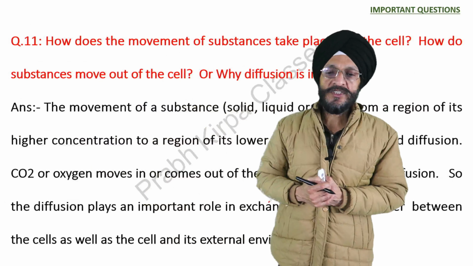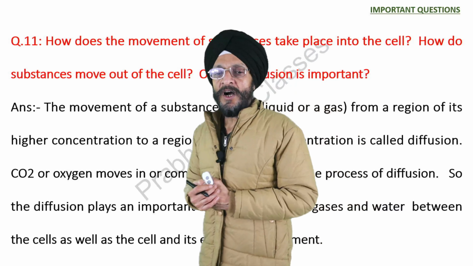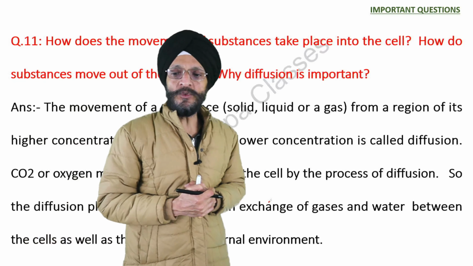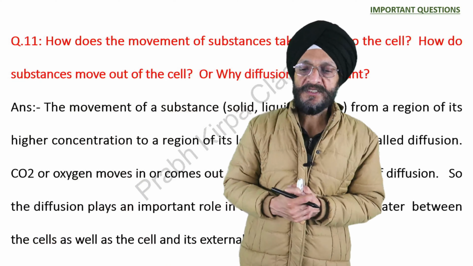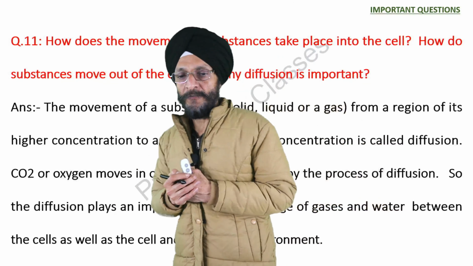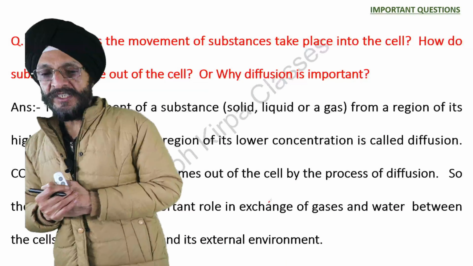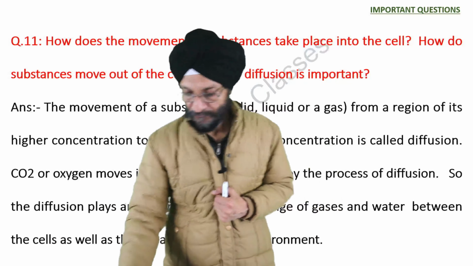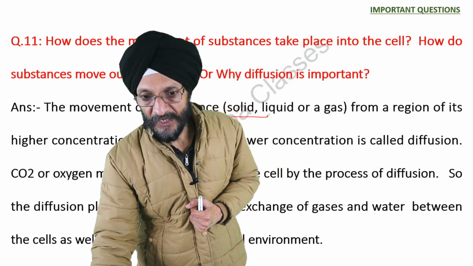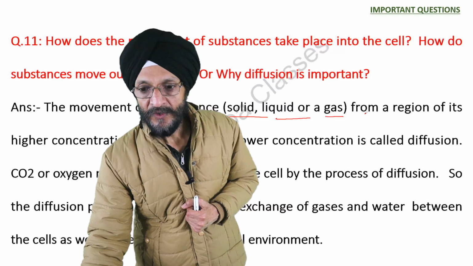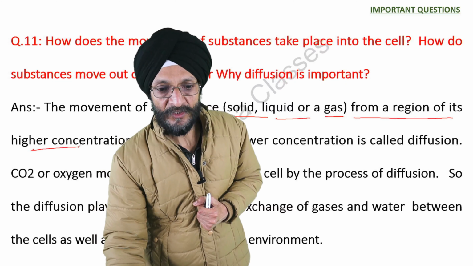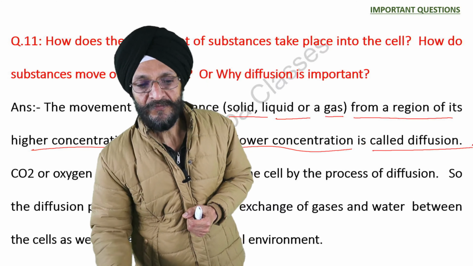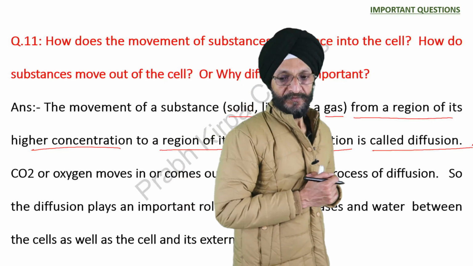Now, next question, how does the movement of substances take place into the cell? How do substances move out of the cell, or why is diffusion important? The movement of the substance, which may be liquid, solid or gas, from a region of its higher concentration to a region of its lower concentration is called diffusion.